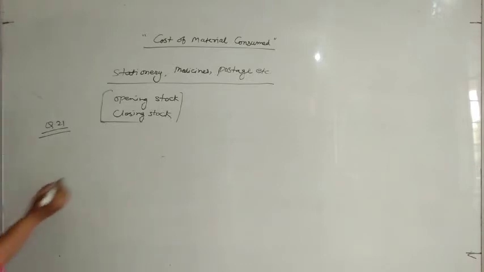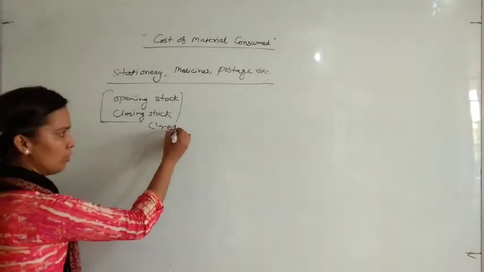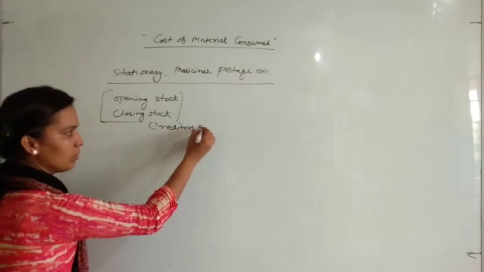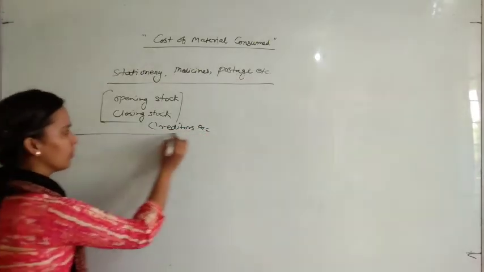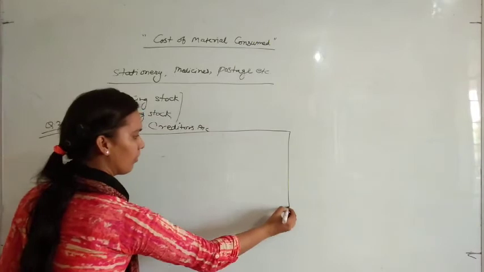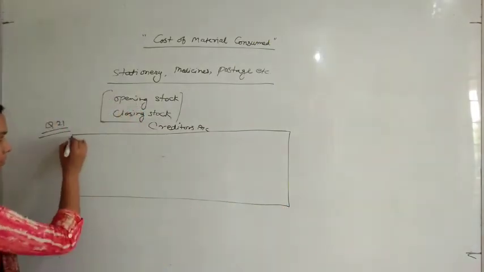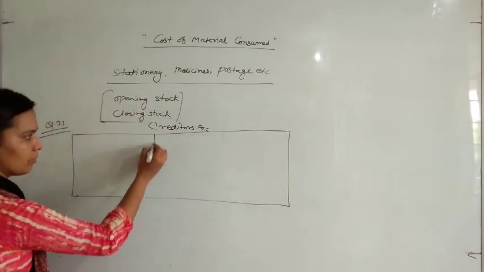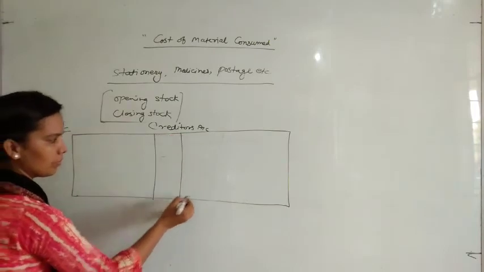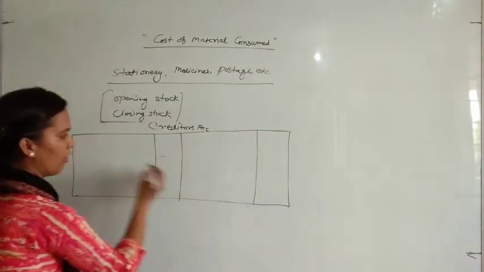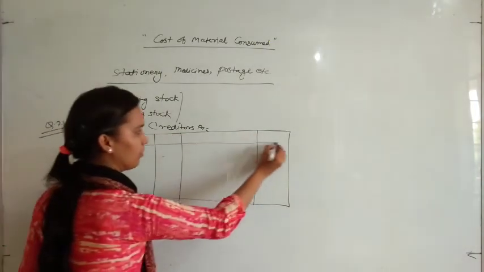So first prepare both accounts as I told you: creditors account, and the second account we will prepare is the stock account.